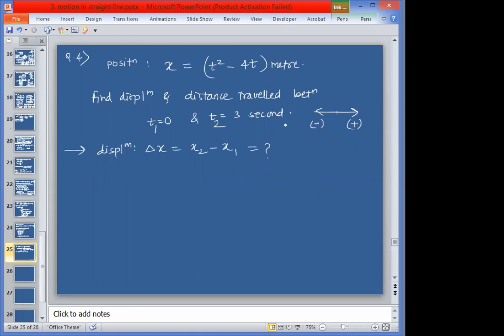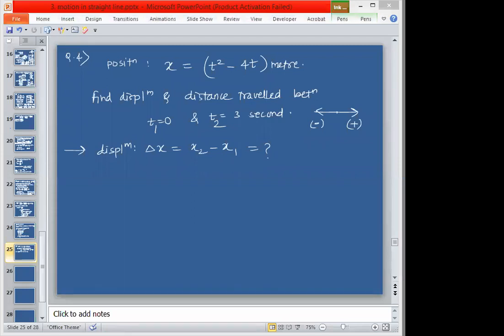Everyone try it, do it. Calculate final position at final time, initial position at initial time.